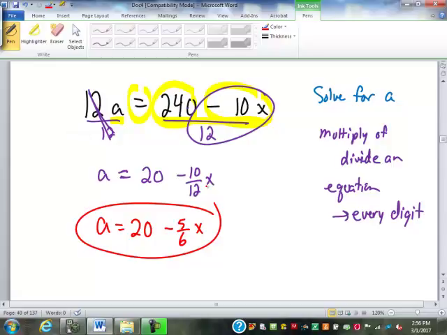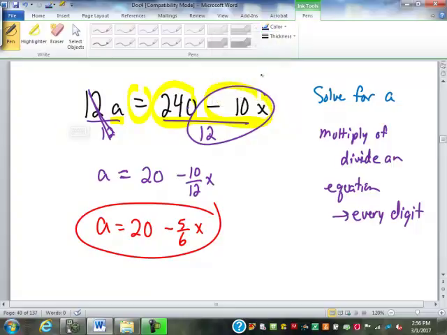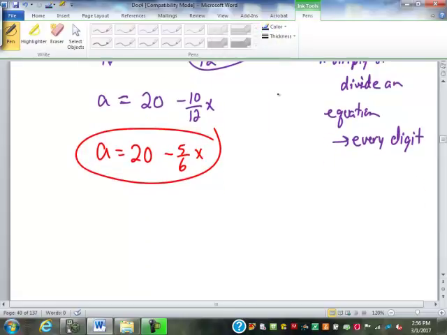It's now in the form of A equals. And so if we have different values of x that come in, we can solve for A rather quickly. So if I find out that x equals 18, well then A is equal to 20 minus 5/6 times 18.